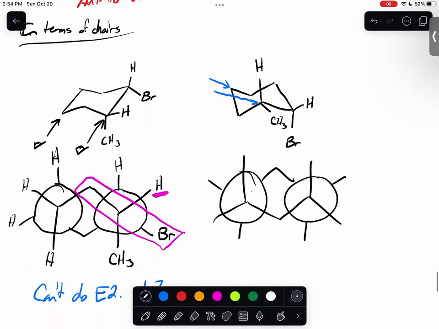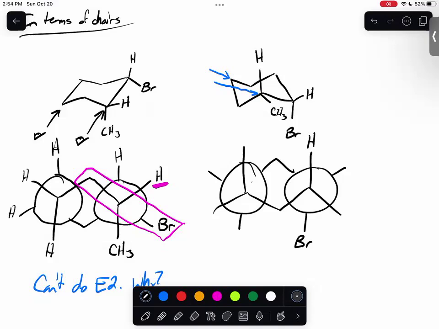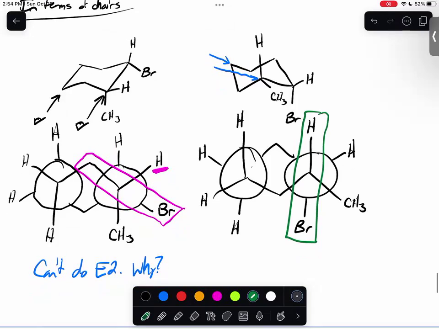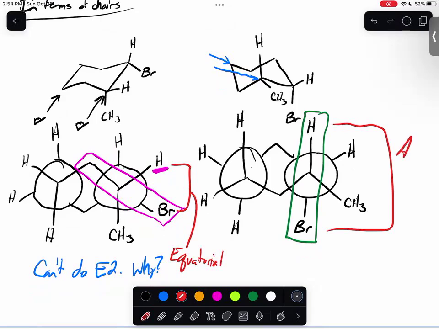So bromine's down here, hydrogen's right here, and the front carbon has the CH3 right here. We see that now the hydrogen and the bromine are anti to one another. And it brings up an interesting point. Notice how in the one over here, these are both currently equatorial, and in the case of these over here, these are both axial.